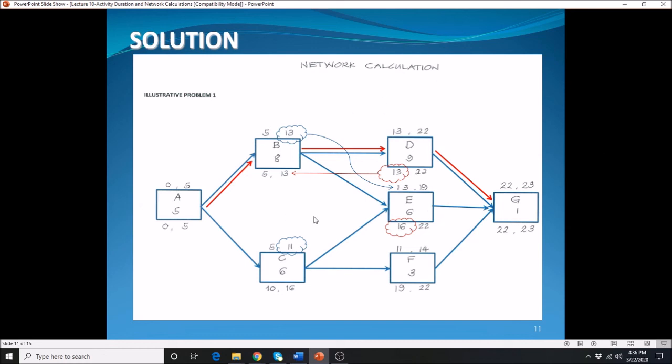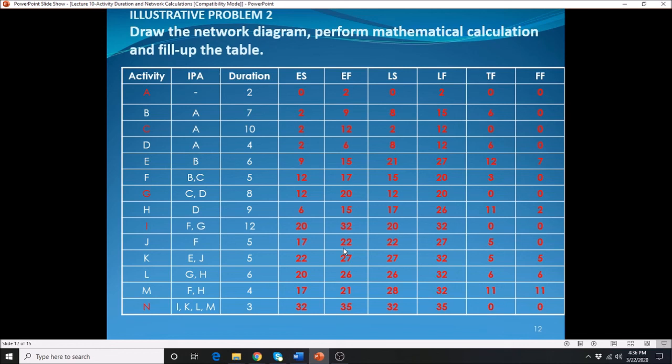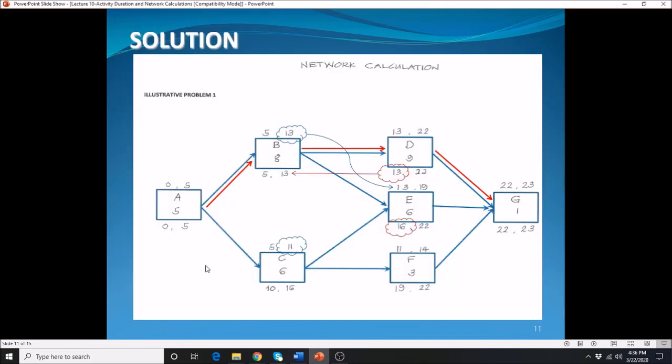Alright, so once you've done that, what you need to do now is just plug into your table your early start, early finish, late start, late finish. You just need to copy that from the network diagram. The next thing that you have to calculate now is your TF and your FF. So how do we calculate that? Alright, for you to be able to calculate the TF and the FF, you need to use your network diagram.